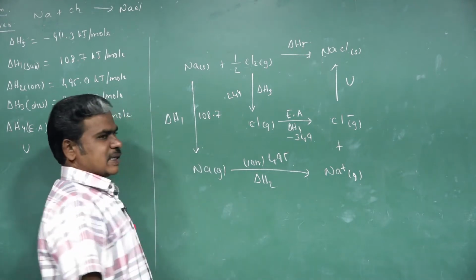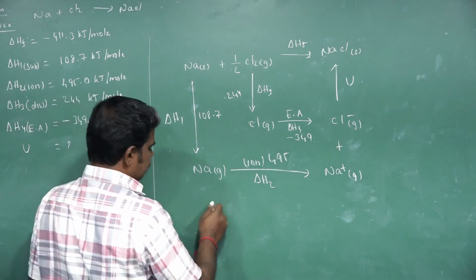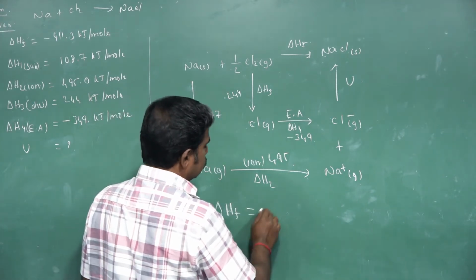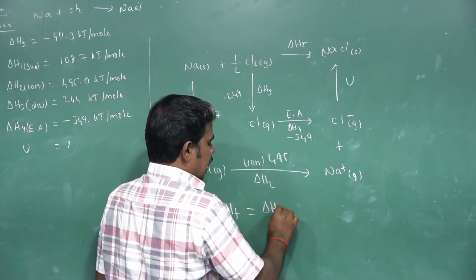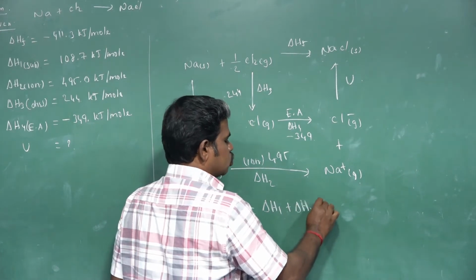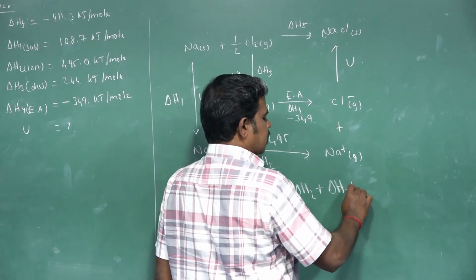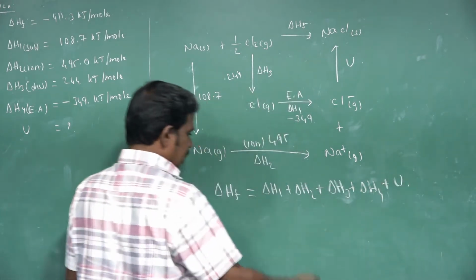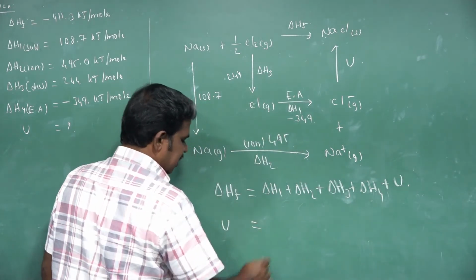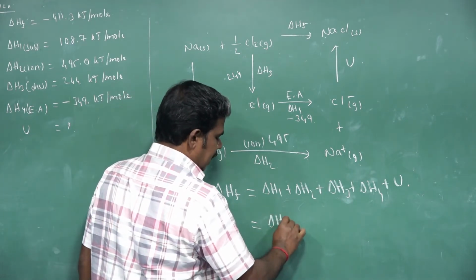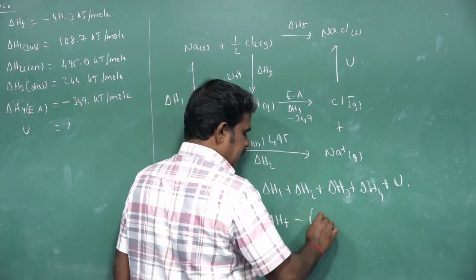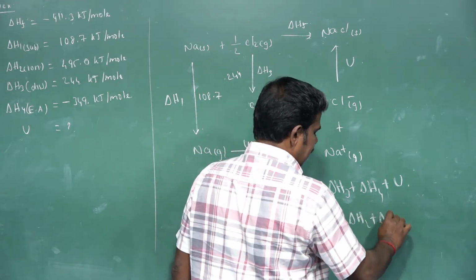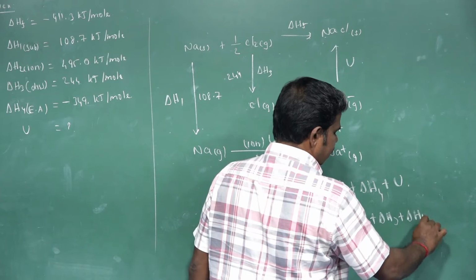So applying Hess's law of summation, we are taking delta HF, which is equal to delta H1 plus delta H2 plus delta H3 plus delta H4 plus U. To find out U, U is nothing but delta HF minus delta H1, delta H2, delta H3 and delta H4.